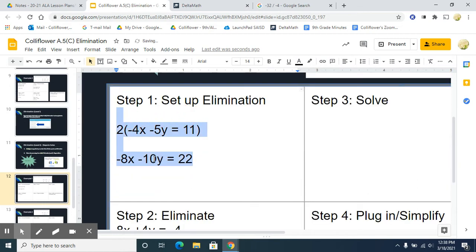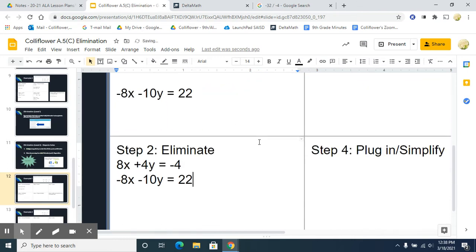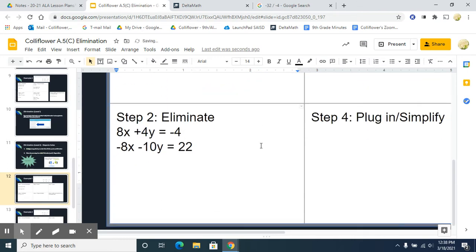I'm going to take my new equation here, the equivalent equation, and add those together to eliminate them. So 8x plus negative 8x is 0x's, so I don't need to write that. 4y's plus negative 10y's gives me negative 6y's. And 22 plus negative 4 would give me positive 18.